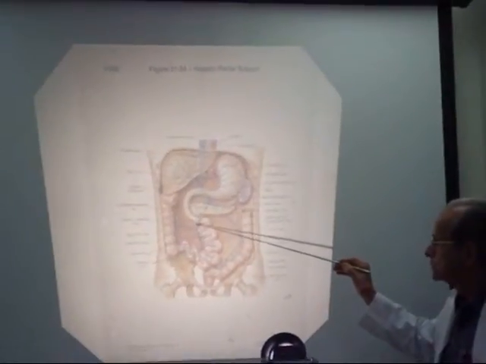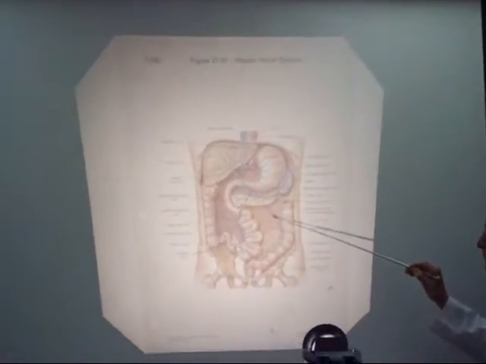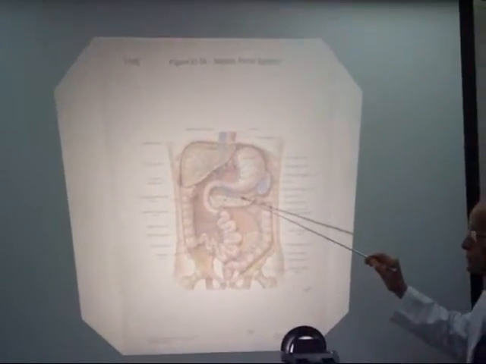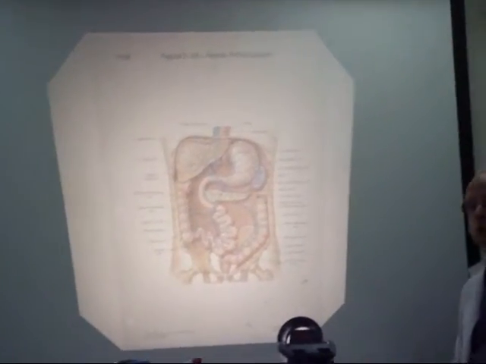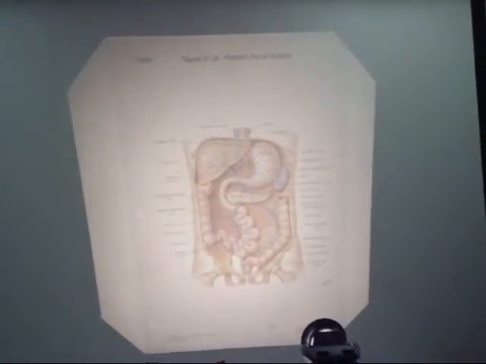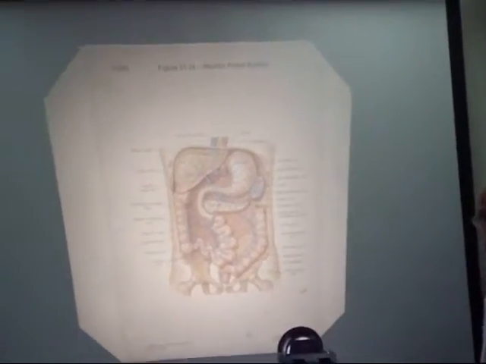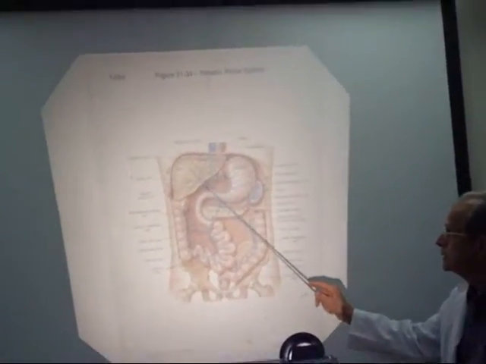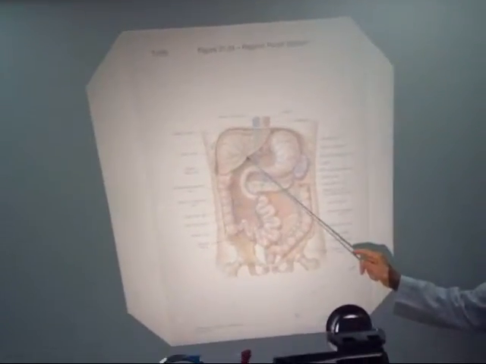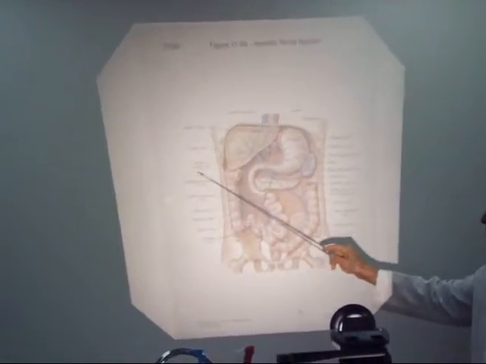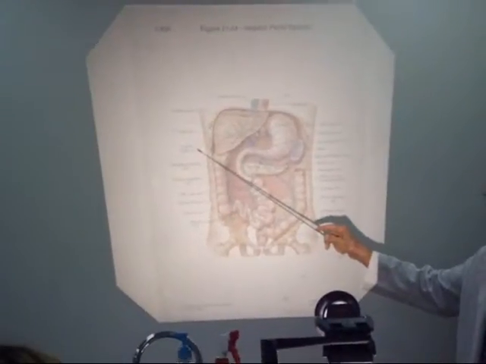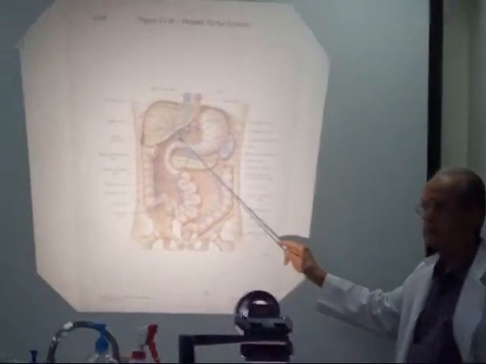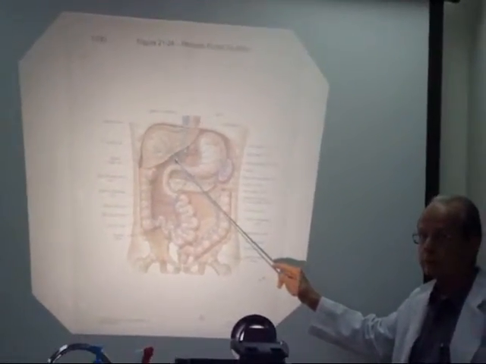So again, superior mesenteric vein, inferior mesenteric vein, splenic vein, all drain their blood into one single large vein going directly into the liver. That vein is the hepatic portal vein. That's this vein, hepatic portal vein.